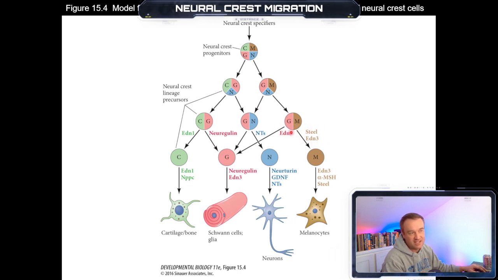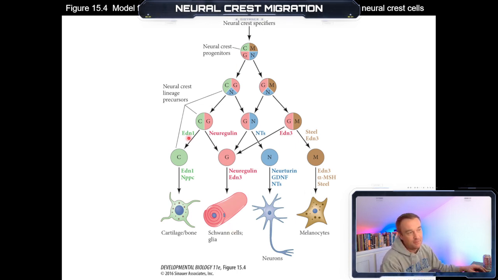If EDN3 here. What's interesting is that for something like Schwann cells, neuregulin is important to get it to become a Schwann cell precursor. But in this case, in this cell, only EDN3 needs to be expressed to get it to this precursor stage. Then both of them need to be expressed for them to become Schwann cells in the end, or glial cells in the end.